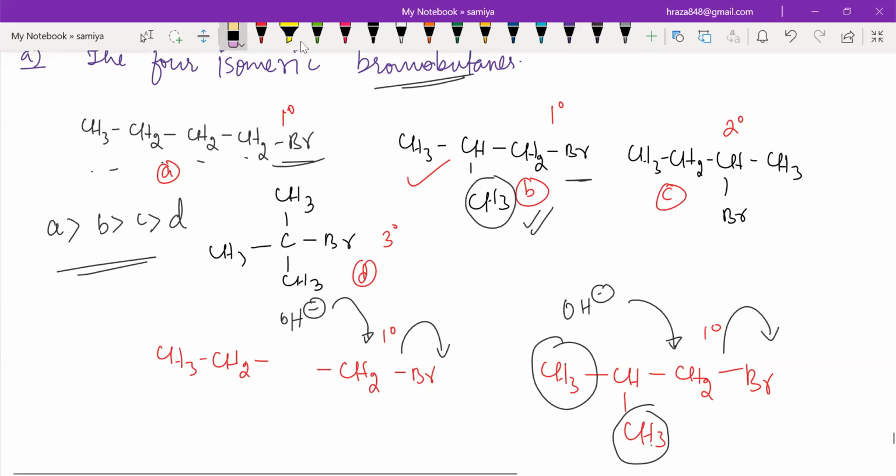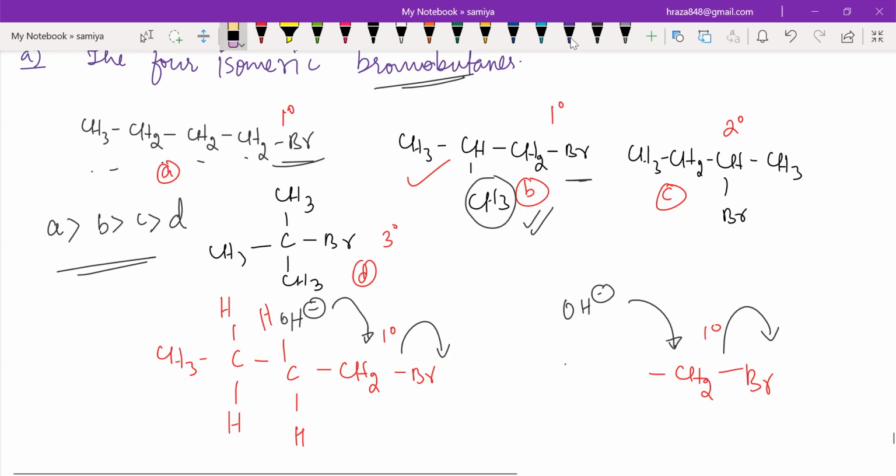Or you can also see it in this way. This carbon has hydrogen and hydrogen. Also, this carbon has hydrogen and hydrogen. Now, when you talk about this, there will be CH3 and hydrogen, and then carbon, hydrogen, hydrogen, and then CH3.